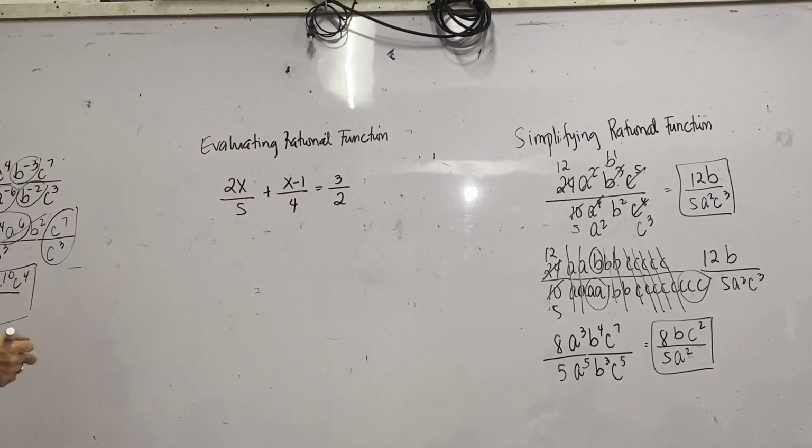So now we have 2x over 5 plus x minus 1 over 4 is equal to 3 over 2.